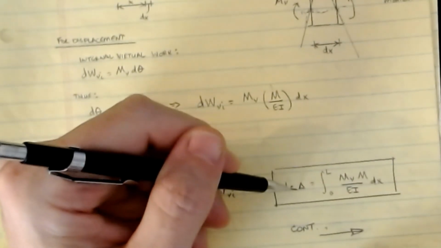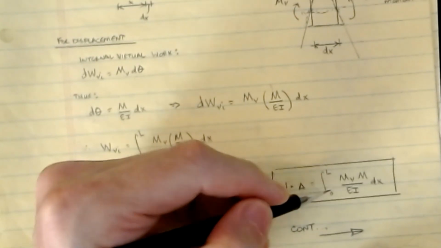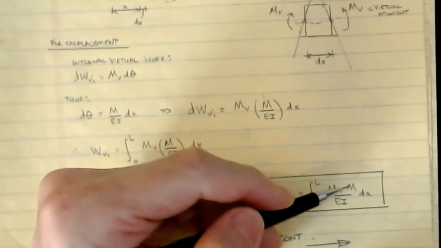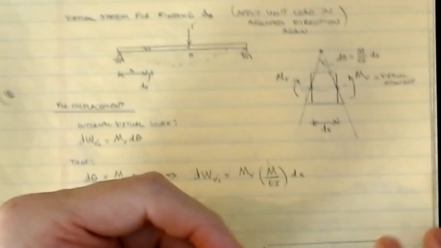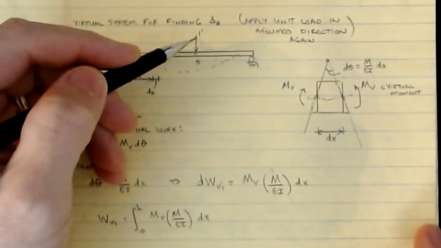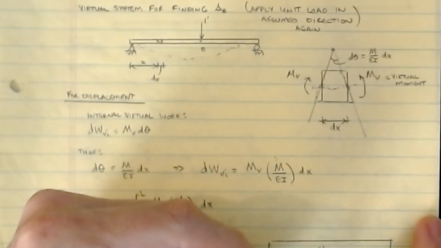So that 1 times delta equation looks just like what we had in trusses, and is now the integral from L to 0 of m_v M over EI dx. Again, M is the real moments from the real loading. The m_v is the moment associated with a 1 kip load or 1 kilonewton unit load here. So this is what you would get for the displacement equation.